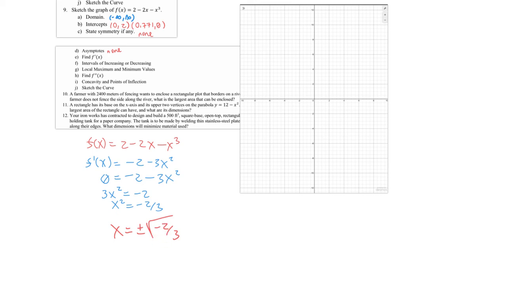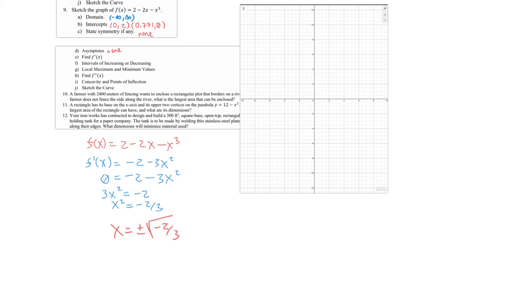And what that tells me is that this graph is either decreasing forever or increasing forever. So all you really have to do is take the derivative, find any value to plug into the derivative, and find out whether or not it results in a positive or negative number. If the result is negative, then this graph decreases over the entire domain. And if the result is positive, it means this graph increases across the entire domain.